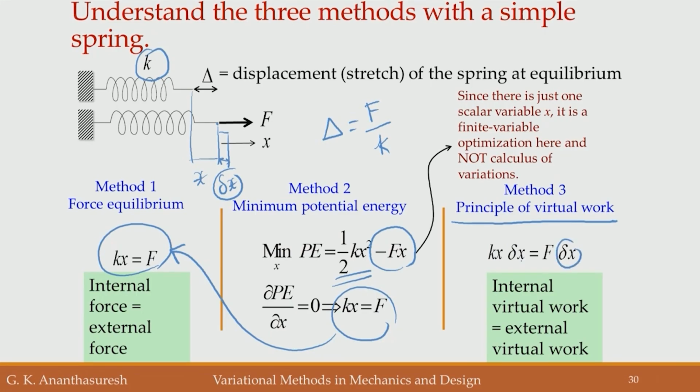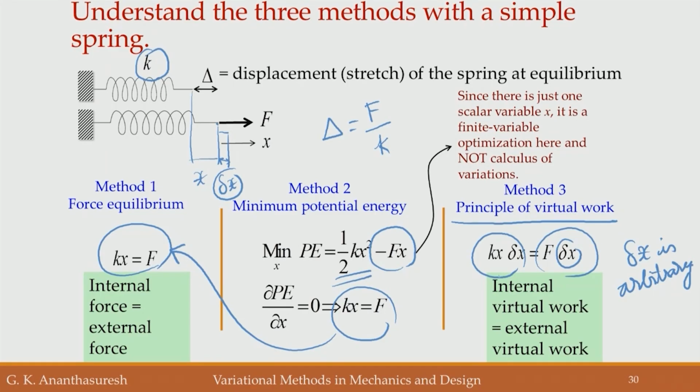So, what does the principle of virtual work say? It says that internal virtual work is equal to external virtual work. There is already F; we imagine that there is delta x, the external force does external virtual work F times delta x, and the internal force kx does kx times delta x. Now, delta x is arbitrary; you can imagine any displacement that you wish, and for all of that this should hold.